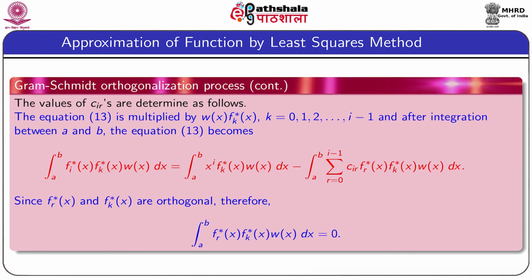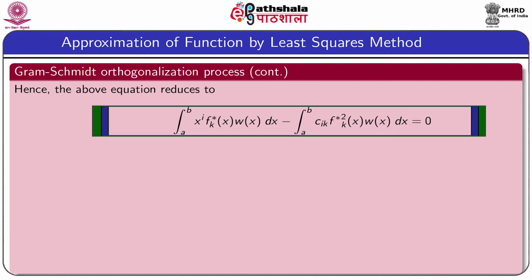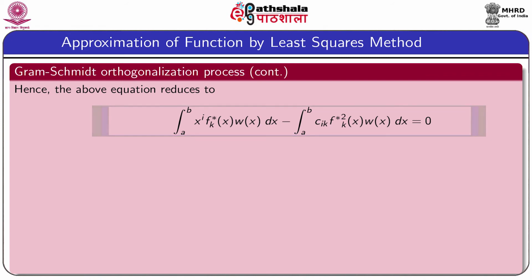So, integration a to b fr star x into fk star x w(x) equal to 0 for different r and k. Using this result, the above equation is converted to integration a to b x to the power i fk star x w(x) dx minus integration a to b cik fk star square w(x) dx equal to 0.